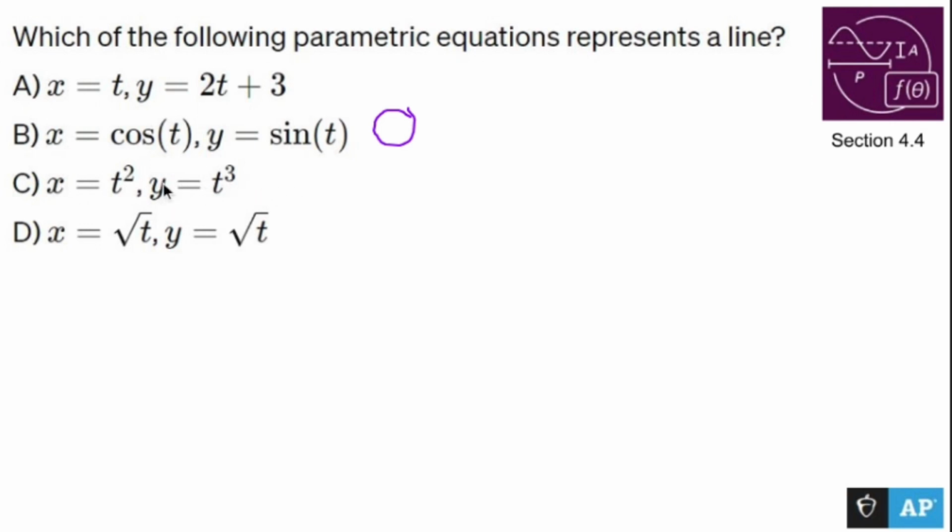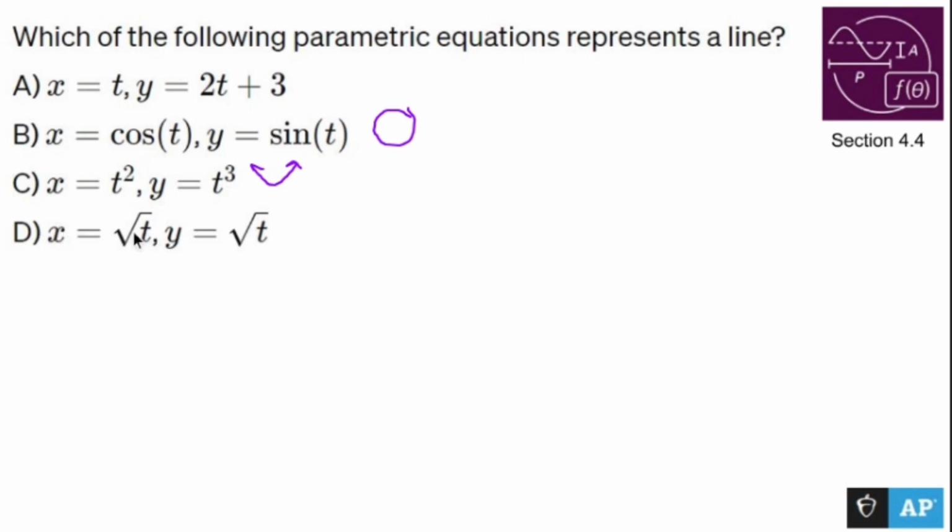By the way, if I pick negative t values, the same thing's going to happen. So you're going to end up with a parabola, where as the X values increase fast, the Y values increase faster. Okay, so that's what you're going to get for C.